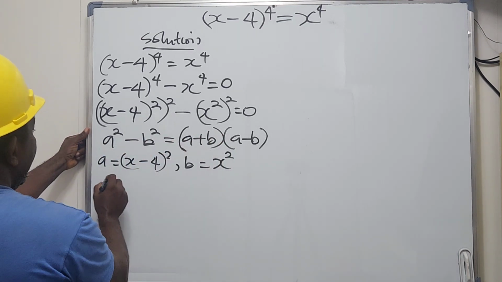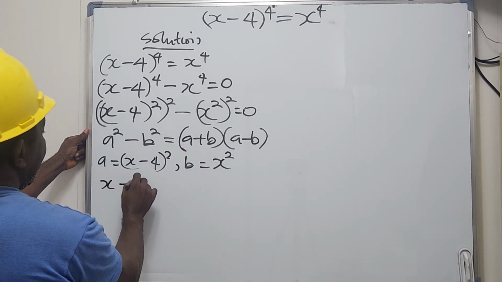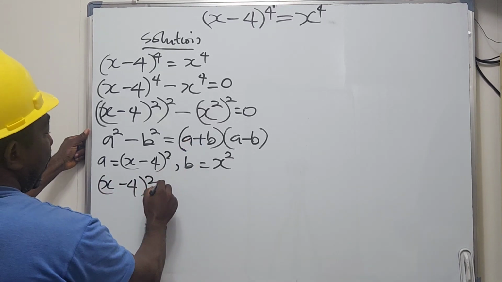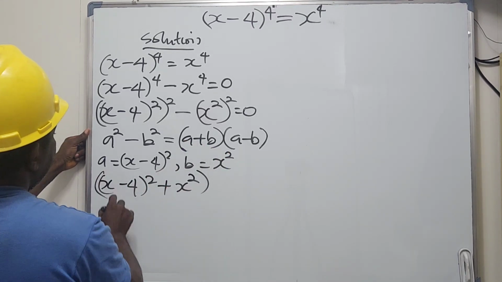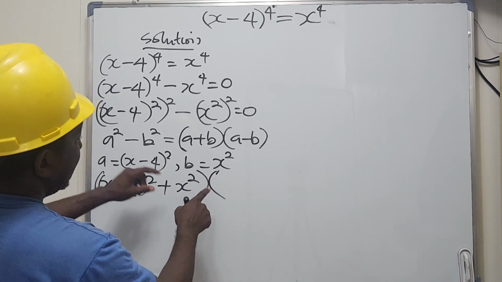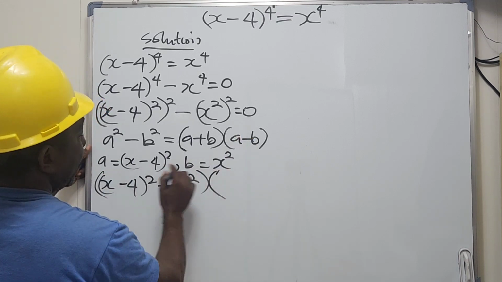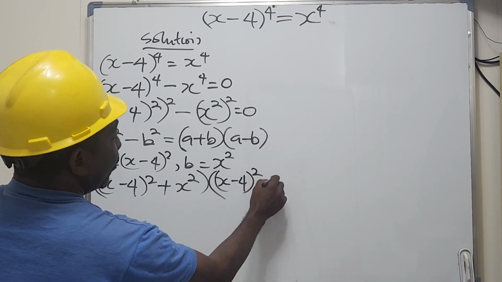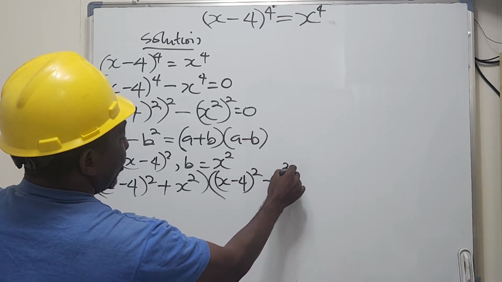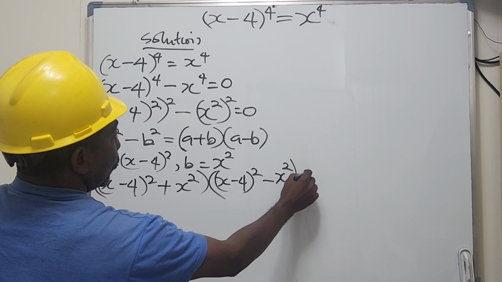So this will become (x − 4)^2, that is for a, plus b. Our b is x^2. That is for the first parenthesis. Then the second parenthesis, we have our a, which is (x − 4)^2, minus our b, which is x^2, all equals to 0.